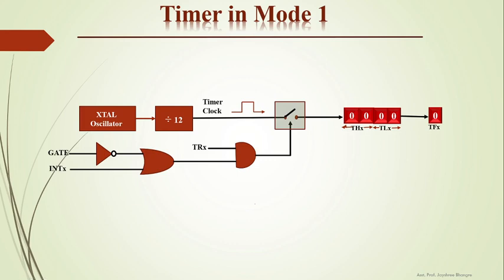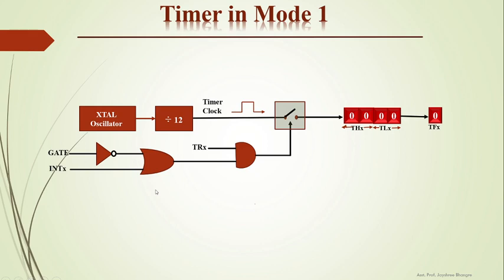So here is the diagram where we can select the timer in mode 1. The crystal frequency, or timer clock, or machine cycle, is given to the timer using this switch to turn the timer on. Here is the 16-bit timer we are using, a combination of THX and TLX registers, and here is the TFX, the overflow flag, which denotes the overflow or rollover of the timer.